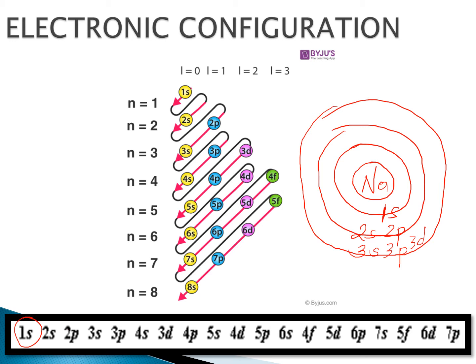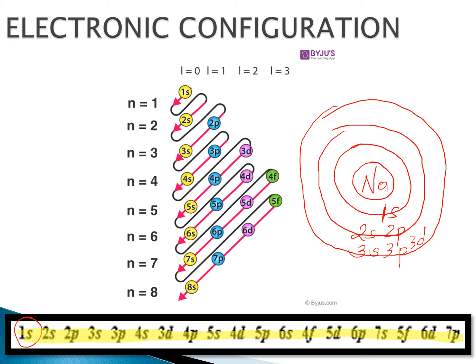Now, talking about the electron mnemonic chart, this is the electron distribution mnemonic chart that we will follow in distributing the electrons in the respective energy level and orbitals of that particular atom.